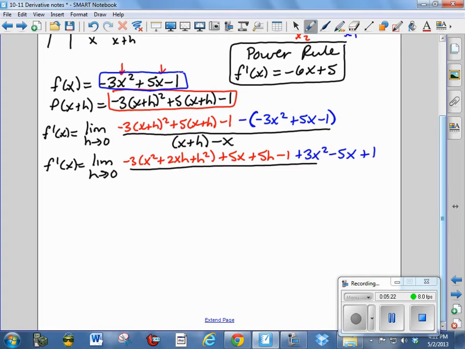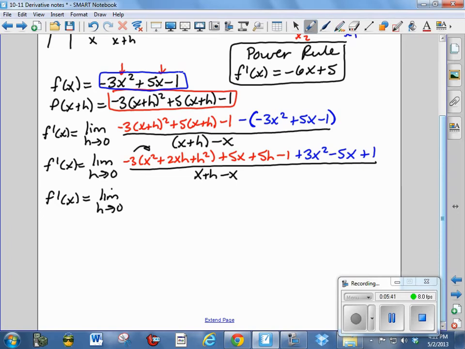And in the denominator, I have x plus h minus x. Now, f prime of x is equal to the limit as h goes to 0. One more thing to do is I need to distribute the negative 3 here.